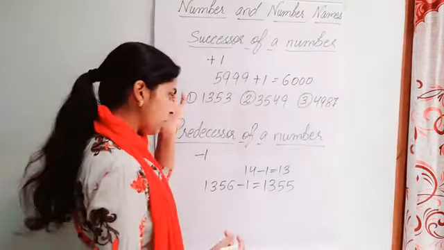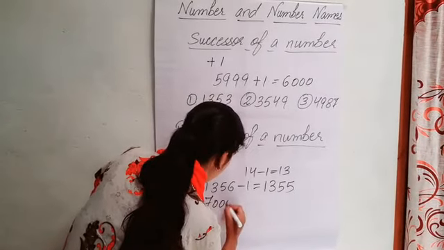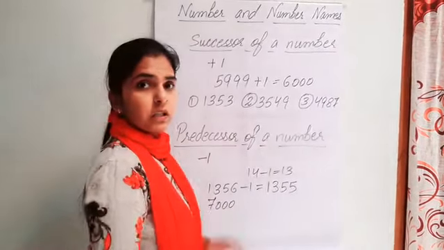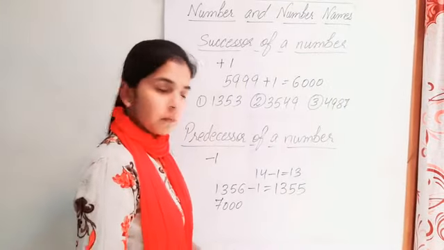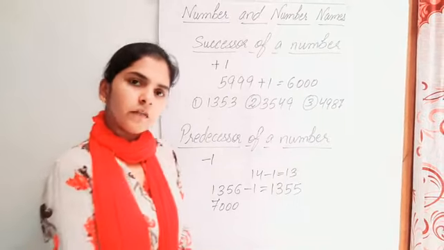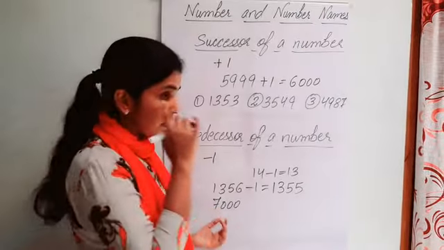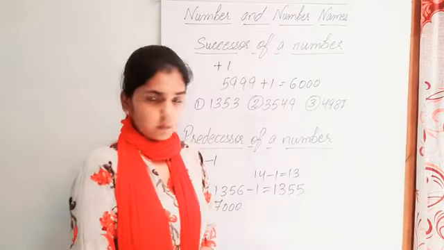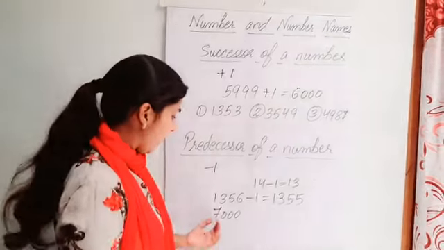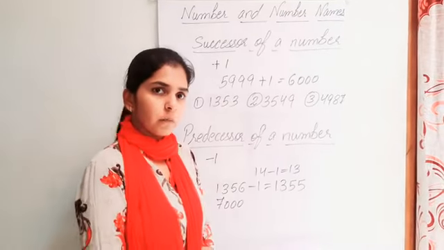Okay? Suppose I am taking one more number. The number is 7000. So what will be the predecessor of this number? See, there is 7, right? Before 7 what comes? 6, right? So it means before this 7, 6 will be there. And before 7000, which number should be there?